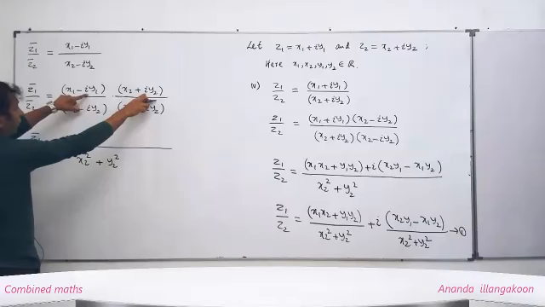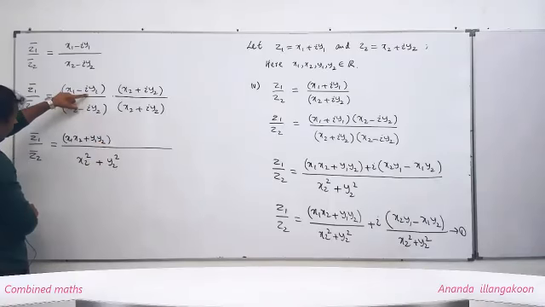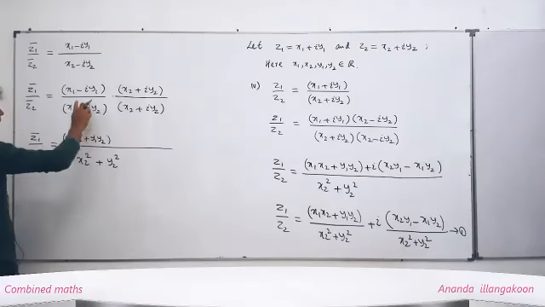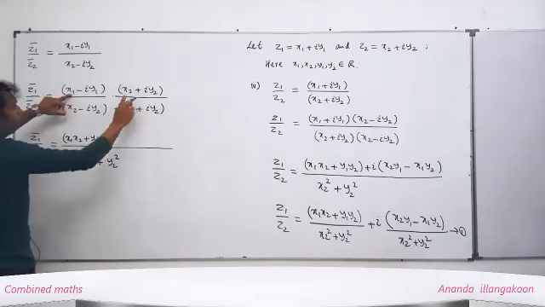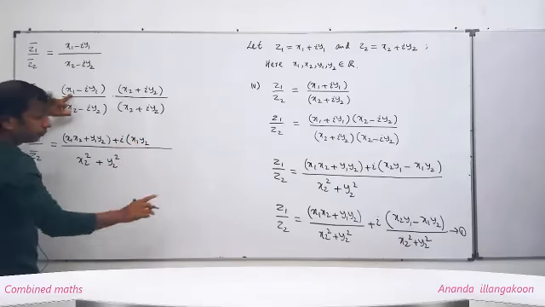This and this we get plus y1, y2. Okay, people, now we take like this. This and this we multiply and we take i out. There we get x1, y2.